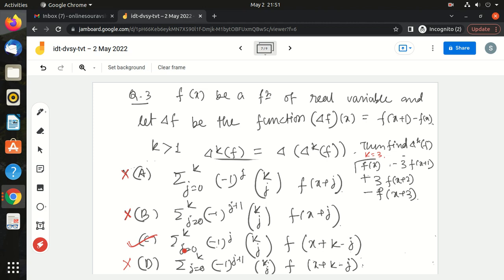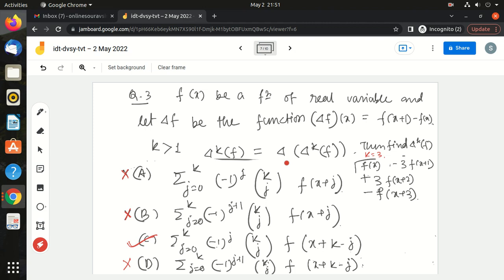So I'll actually prove that this is the right explanation of f of x plus delta to the power k of f of x. Let me write down the options. What is delta to the k first?